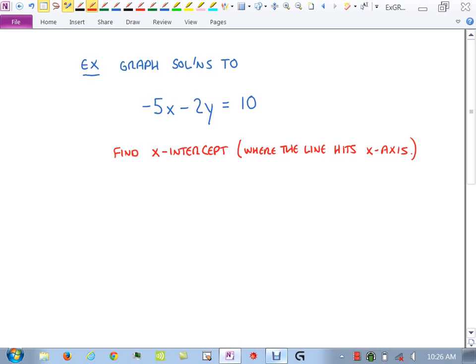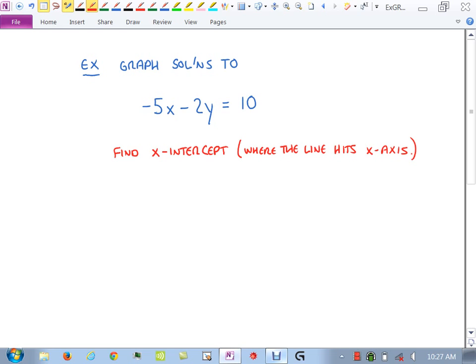So take a quick step back for a second. This is a linear equation in two variables, isn't it? We know that because it's a linear equation in two variables, the solutions become a line if we try and draw it.